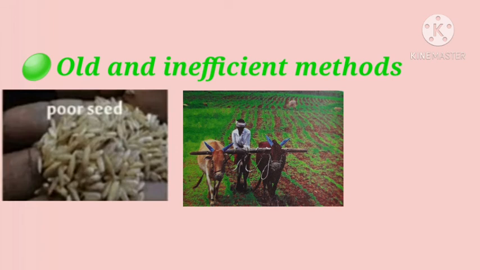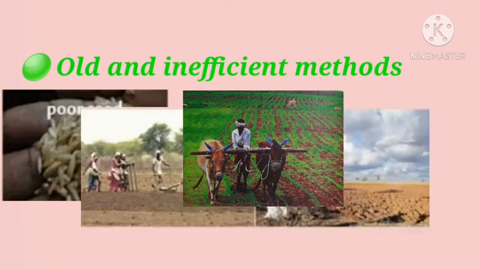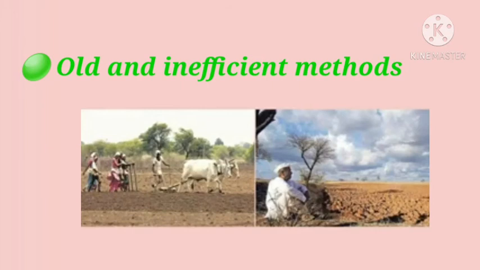Canals and such facilities are not available for the farmers. Supply of electricity is reduced. Then modern methods like sprinkler irrigation or drip irrigation need more money for their setting up. Because of that, the farmers are not able to use such irrigation facilities in their agricultural land.